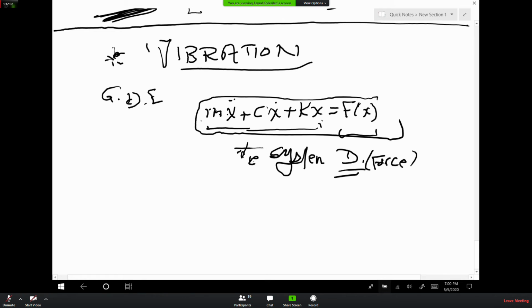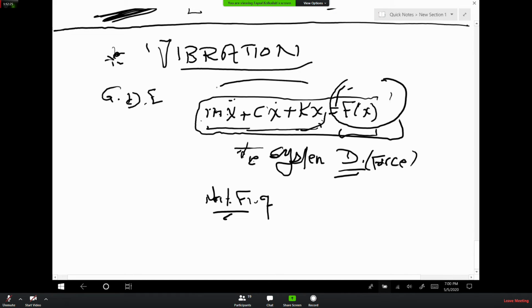M x double dot plus C x dot plus K x, this is the system. And this is the disturbance, or the force, or the load. What is the problem? The natural frequency. If the natural frequency of the load and the natural frequency of the system are equal, it's a disaster. Why?